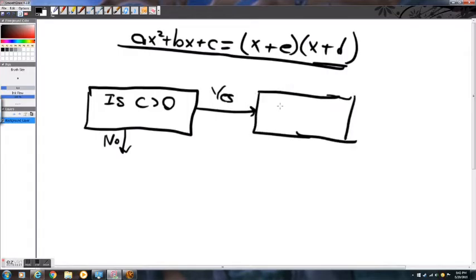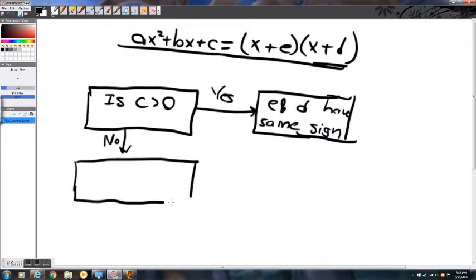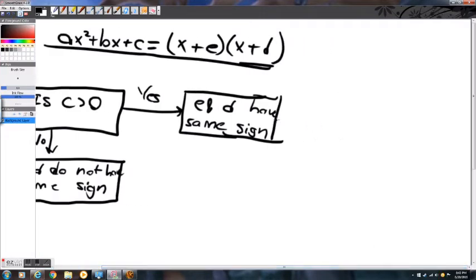No? If yes, then e and d have the same sign. If no, e and d do not have the same sign.